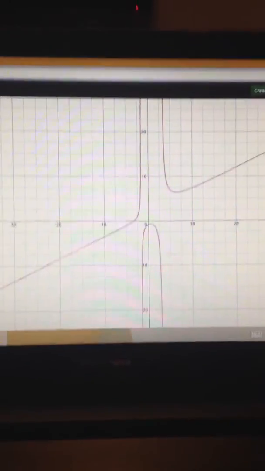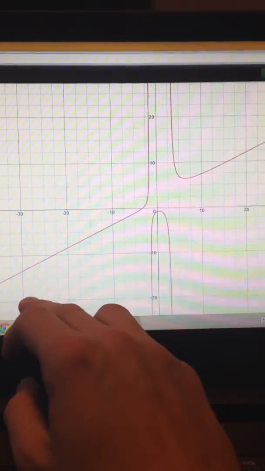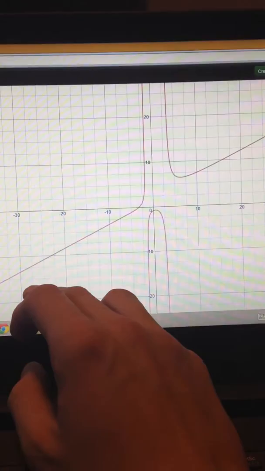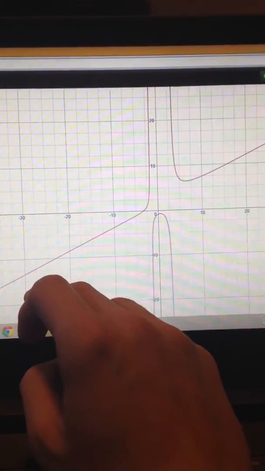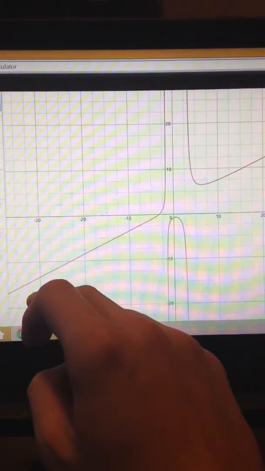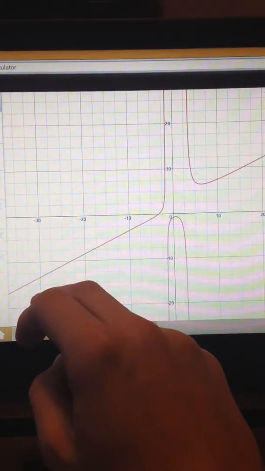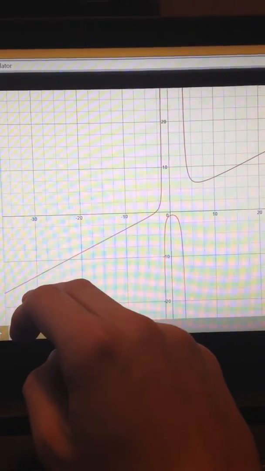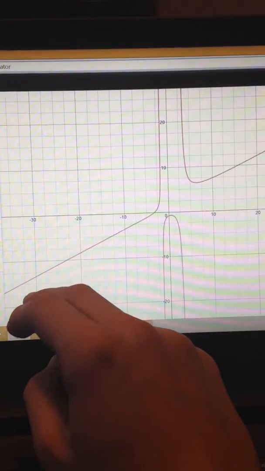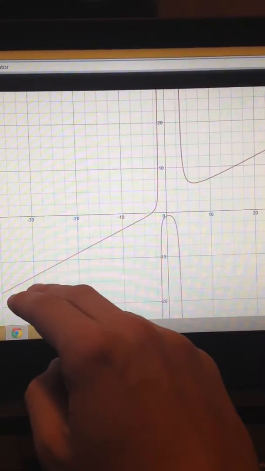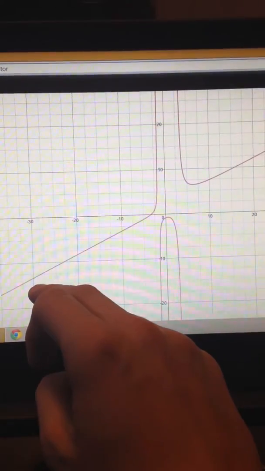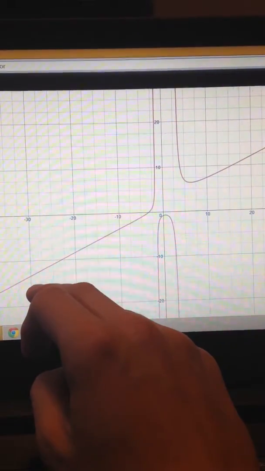So with that large remainder, because what you have would be the equation of the line plus the remainder, we see that because the equation of the remainder is so large, it's actually going to pull the line or the function above the asymptote.